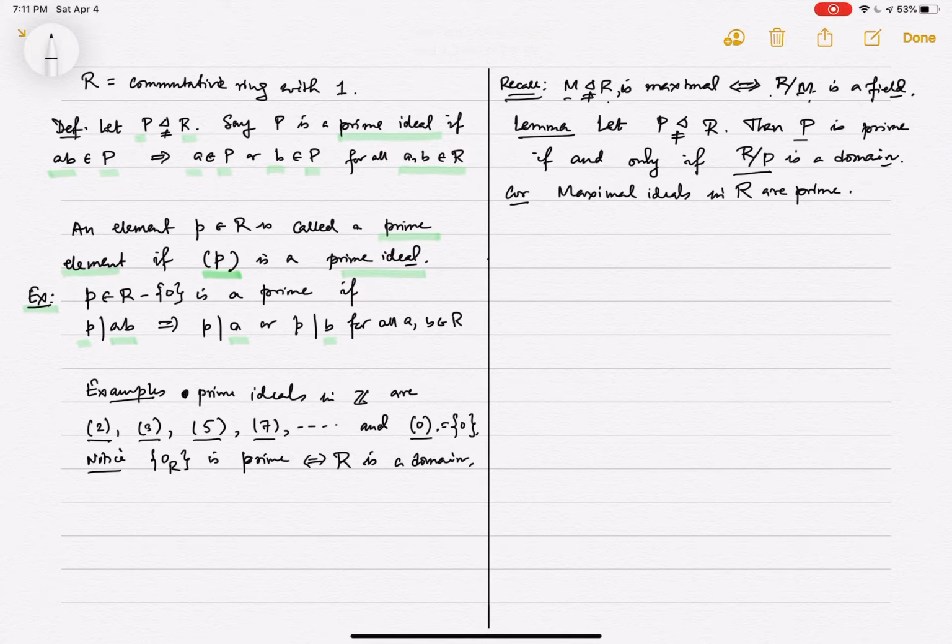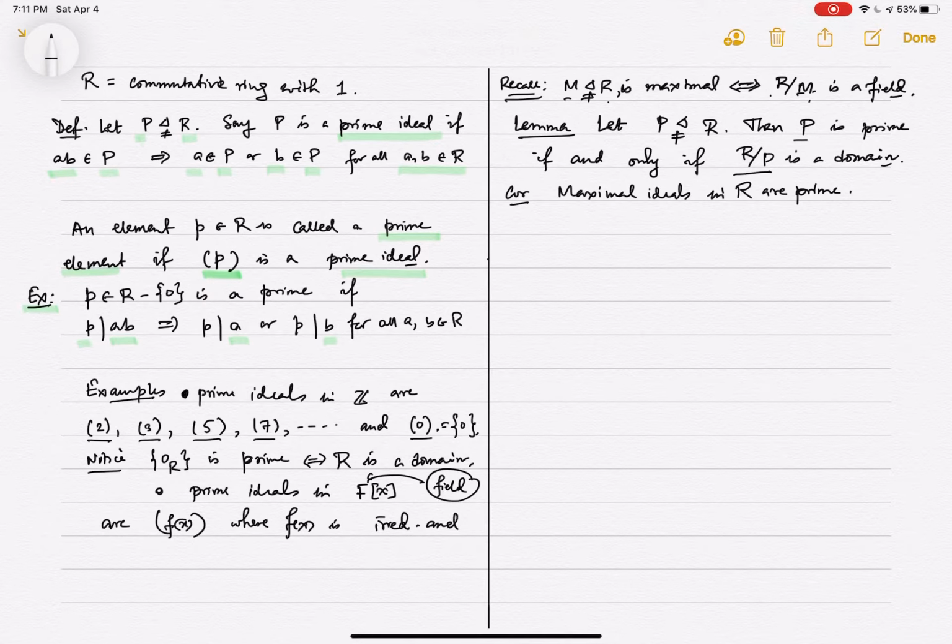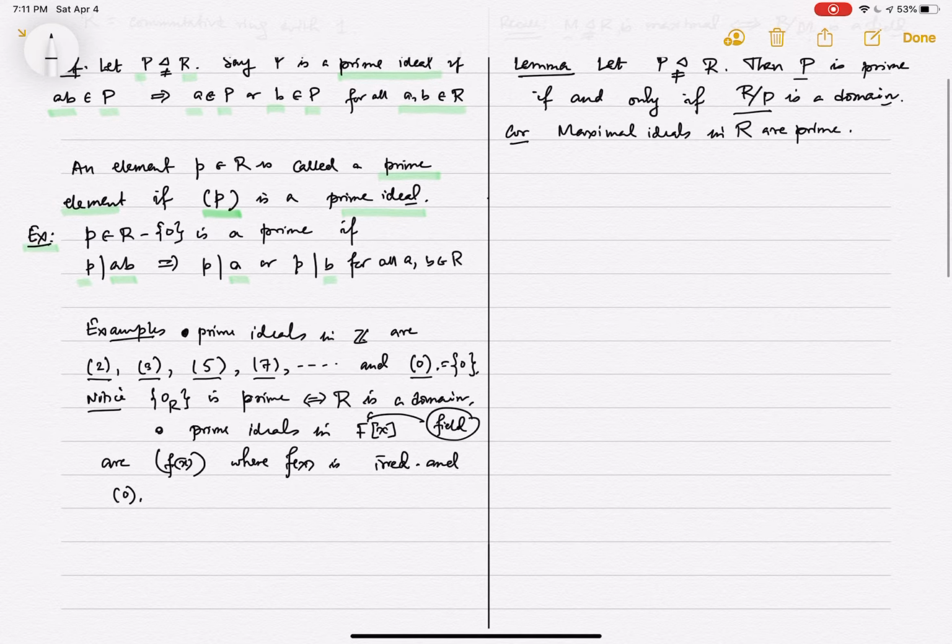So that's the prime ideals in Z. Prime ideals in F[x], F a field as always, are the ideals generated by irreducible polynomials, and the 0 one, again because F[x] is a domain as well. This we haven't quite proved, we will soon.